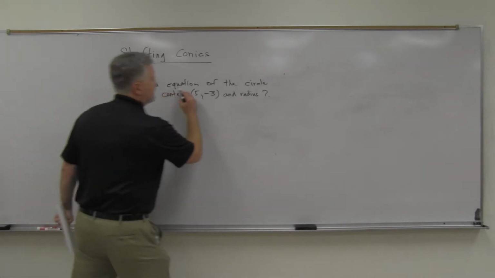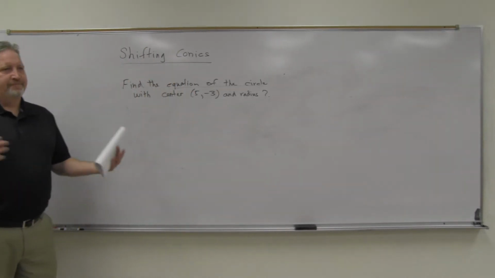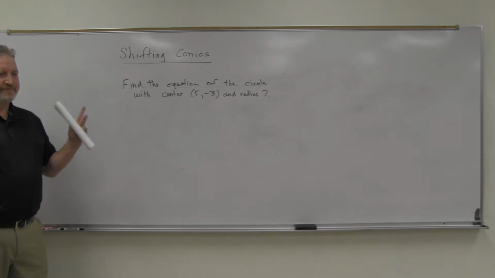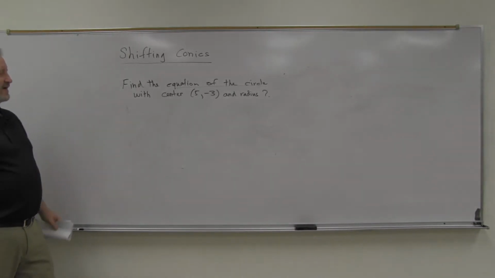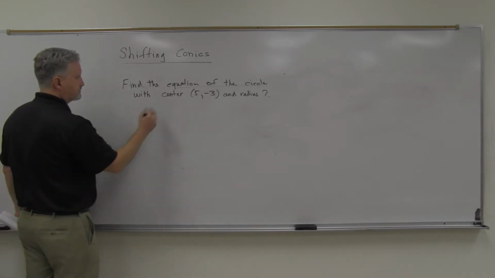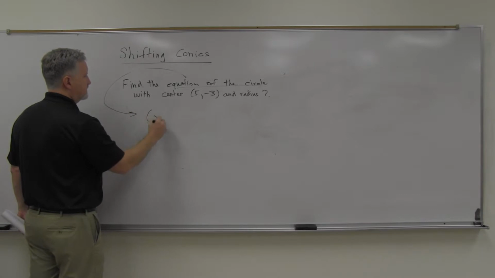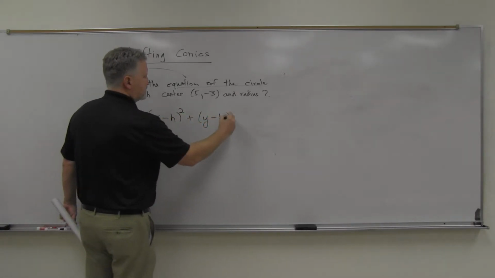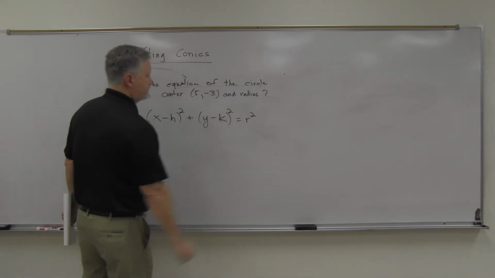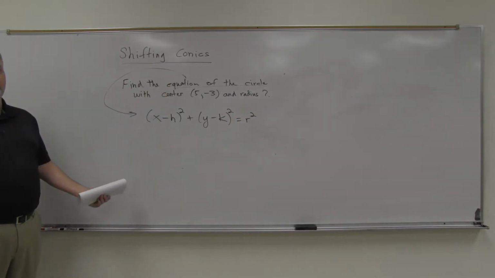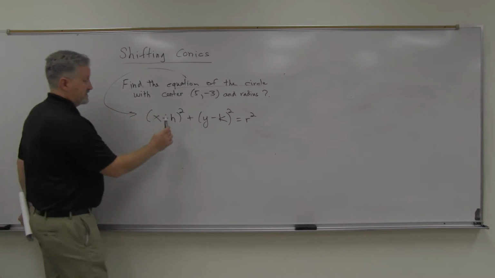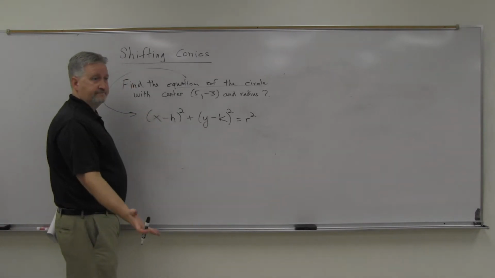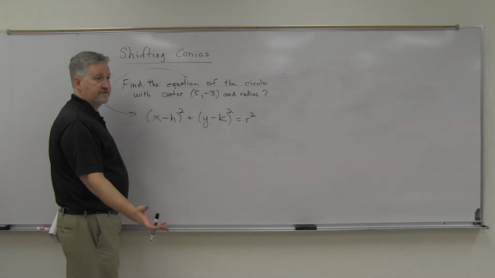Since it's the equation of a circle, let's start with the center-radius form, standard form. If it's an equation of a circle, I know it's (x minus h) squared plus (y minus k) squared equals r squared. And I've got the pieces I need, because the h and the k are the center.